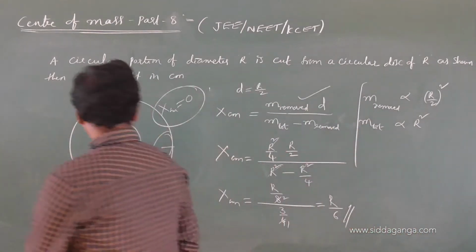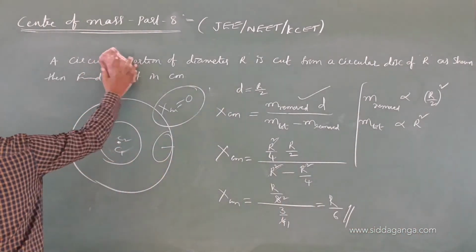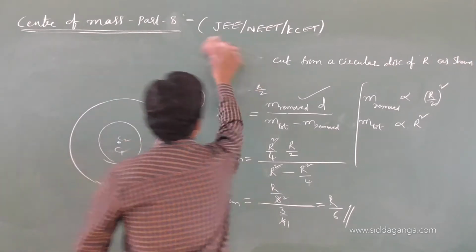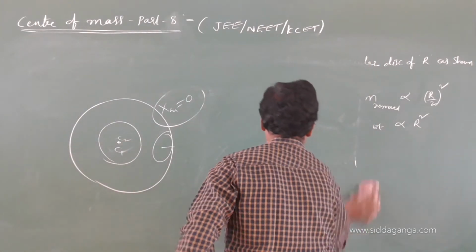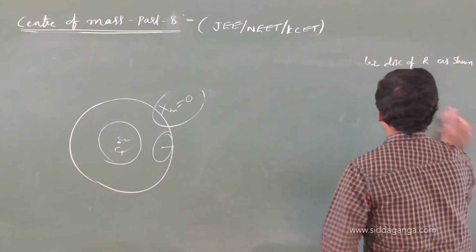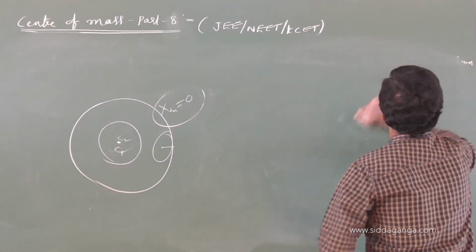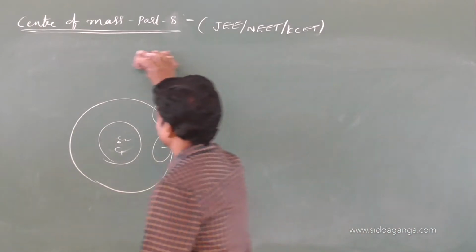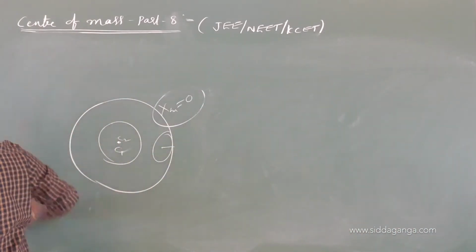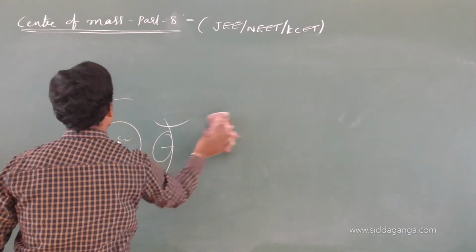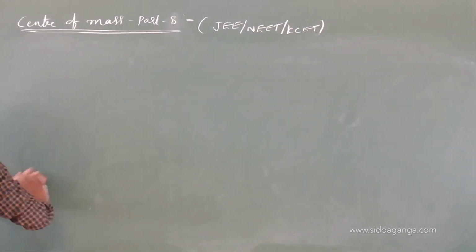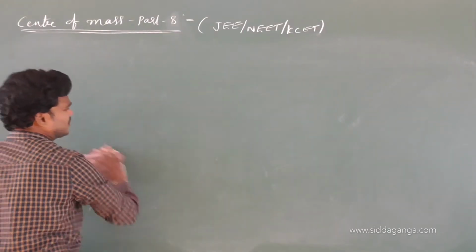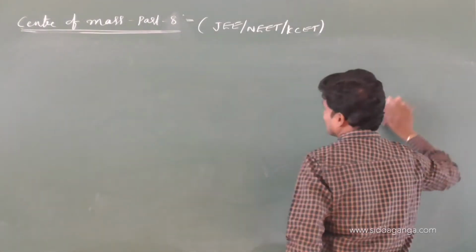Now let us cut in a different way. Now we are going to cut a square plate from a circular disc. Write down the next one.